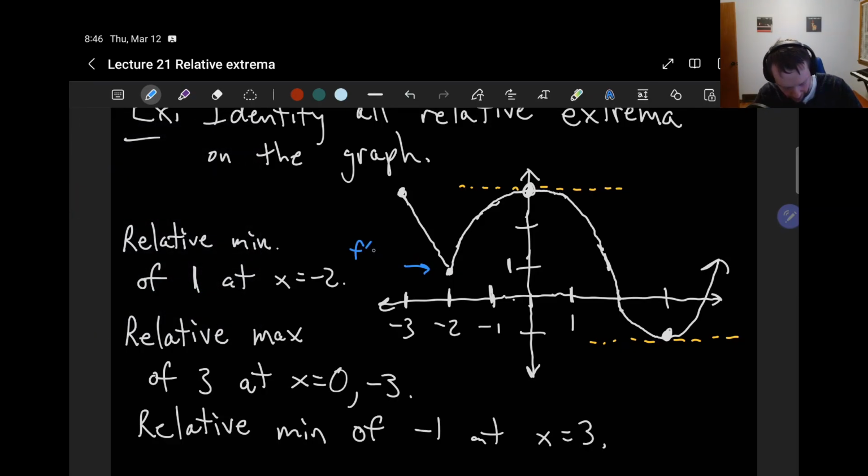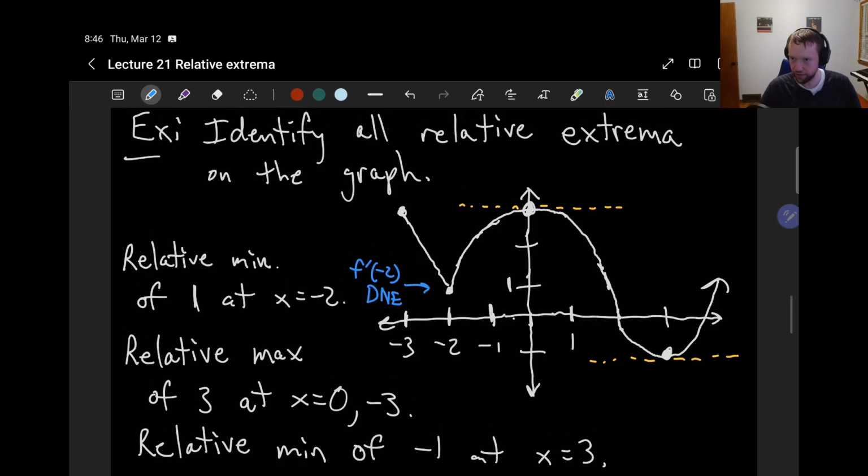So notice here that f prime of -2 does not exist. So at every extreme value that we had, either the derivative was 0, or the derivative didn't exist, or we had an endpoint.